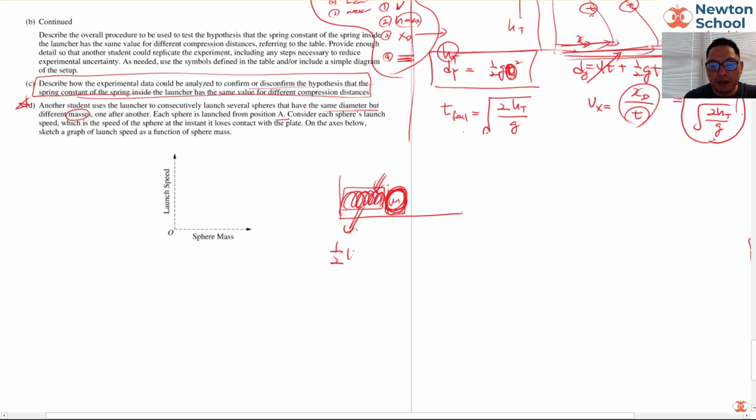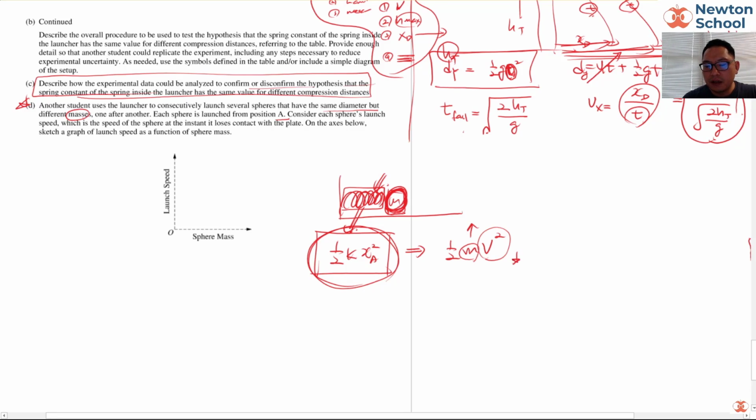So it's basically 1/2 k x squared, and this is now fixed because right now you're using position A. Now eventually this becomes kinetic energy of this sphere, which is 1/2 m v squared, but this value is the same, so if mass increases, obviously velocity has to decrease, okay? Because these quantities have to always be equal.